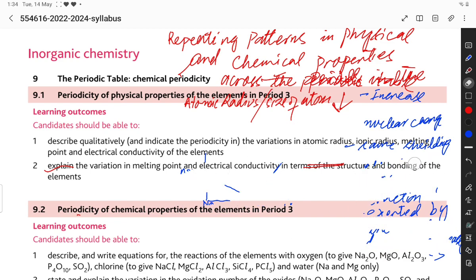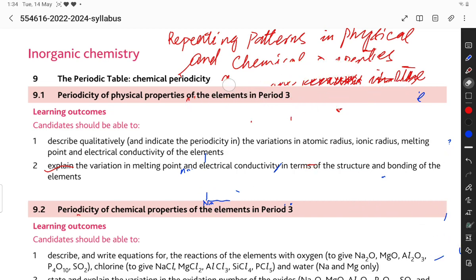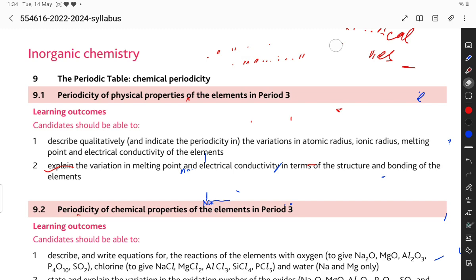So next is the ionic radius. There are two types of ions, positive cations and anions.